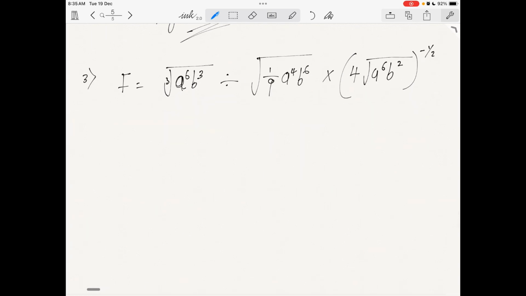At first, the best thing to do in this case is to take them one by one, so as not to have rough work. a raised to power 6 b raised to power 3.